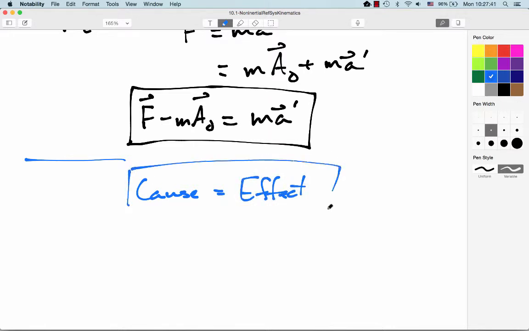Now the problem is that the rules of math allow you to add or subtract terms to each side. So one of the tricky things that physicists often have to deal with is figuring out whether something is a cause or an effect. For instance, the whole dark matter thing.